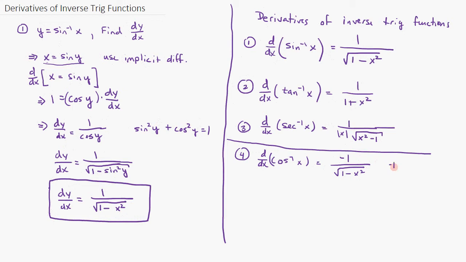Here, x is between minus 1 and 1. Inverse cotangent is minus 1 over 1 plus x squared.